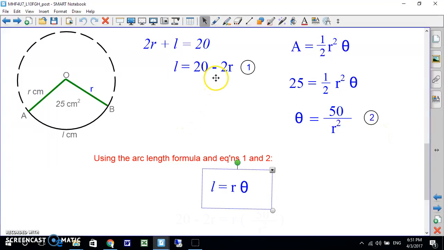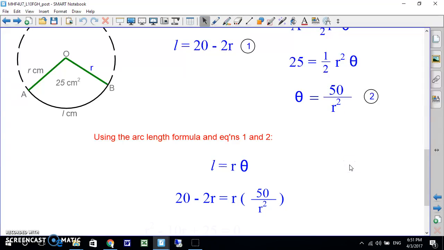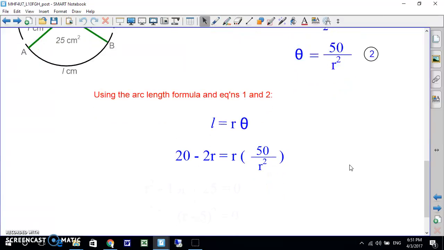So sub in 20 minus 2r as L, and sub in 50 over r squared as theta. This way, you can eliminate L and theta, the two other variables, and have a relation simply involving r the radius.